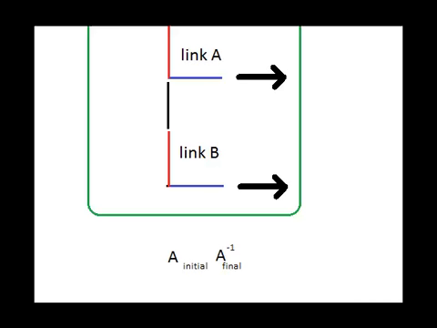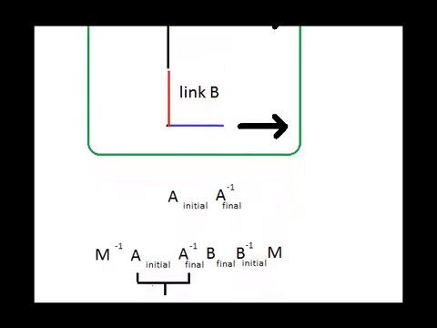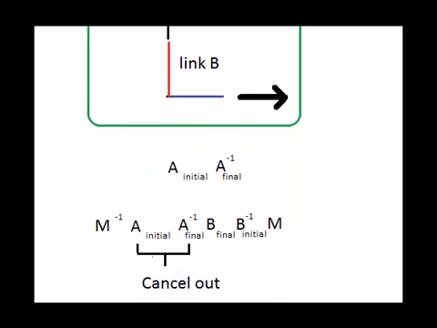This is the amount we need to cancel out from B. So the corrected transformation is M inverse times A initial times A final inverse times B final times B initial inverse times M. Note, however, that B's motion could have been measured relative to any other node, not just A.